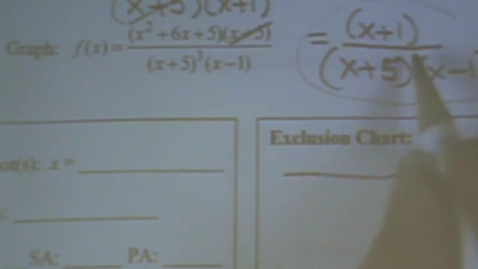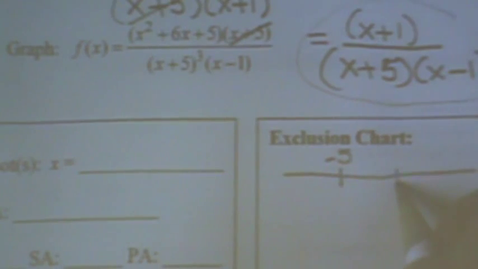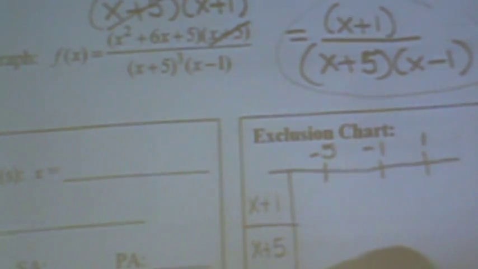So what are our critical values? Negative 5, negative 1, and 1. We have x plus 1, x plus 5, x minus 1, and f of x. So at negative 1, put a dot, negatives, positive, positive.